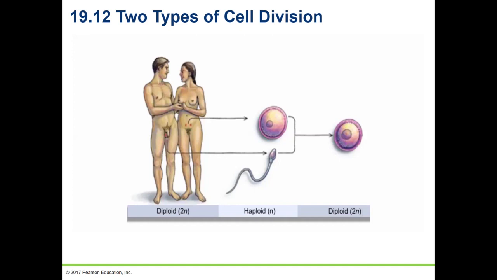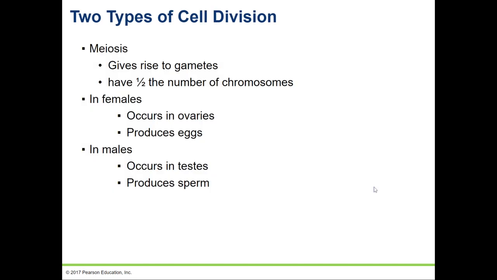At puberty, in the female, in the ovaries, the process of meiosis will occur, producing the haploid egg. Similarly, in the male, in the testes, meiosis will produce the haploid sperm. These are the gametes, which can fuse to then form the zygote and the next generation, which will again be diploid. So we just have this continuing throughout the life cycle.